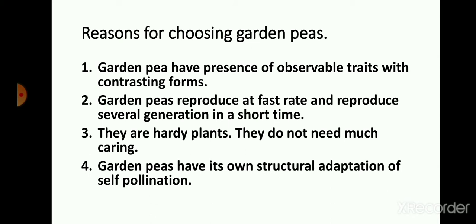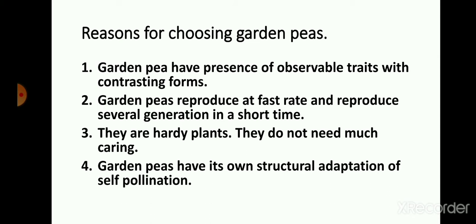First of all, garden pea has observable traits with contrasting forms. He chose the garden pea plant because it has observable traits, that is variation in characteristics. They may be its height, the color of flower, pod color, pod shape, seed color, seed shape.